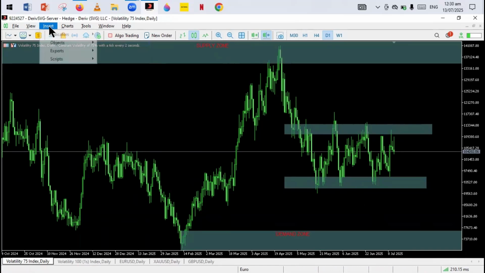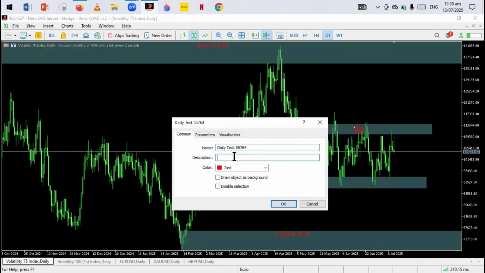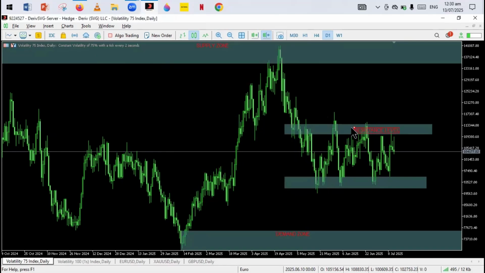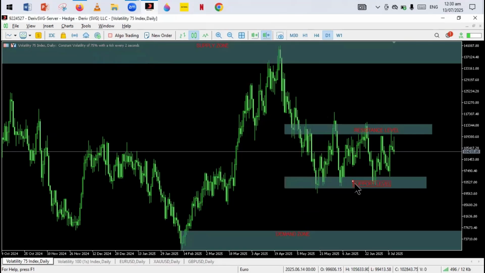Price is currently ranging between resistance and support. Yes, so this is the support level, that is where price is bouncing off it.